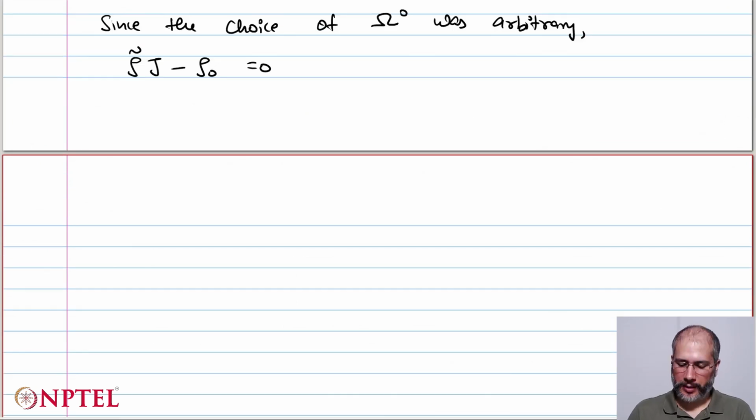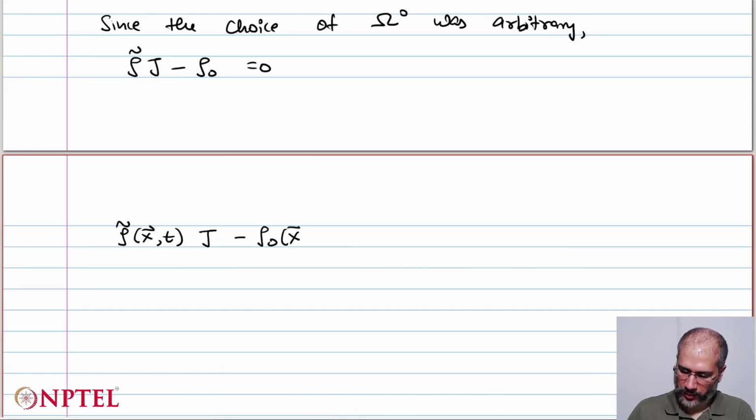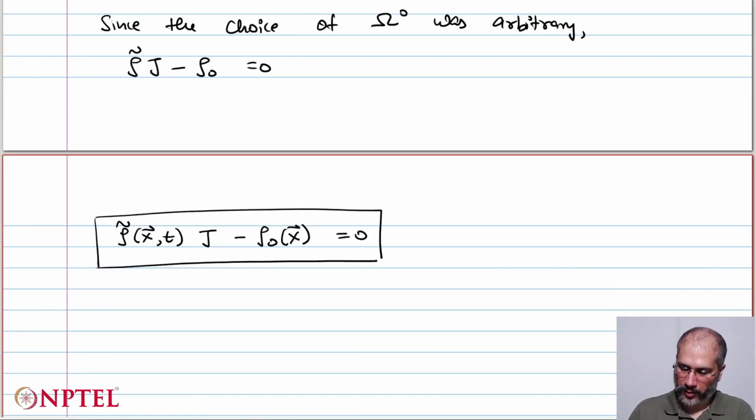Or more explicitly, I can write rho tilde as a function of capital X and t times the Jacobian minus rho naught as a function of capital X is 0.